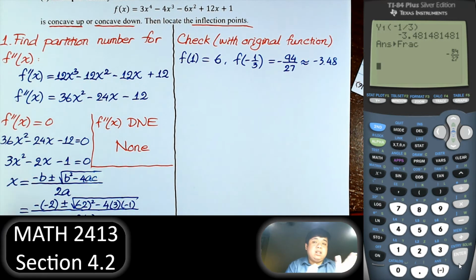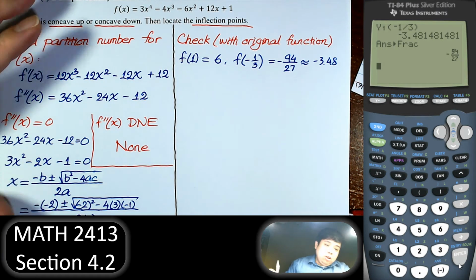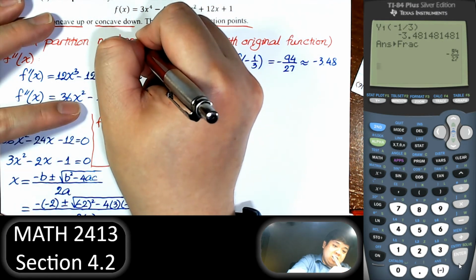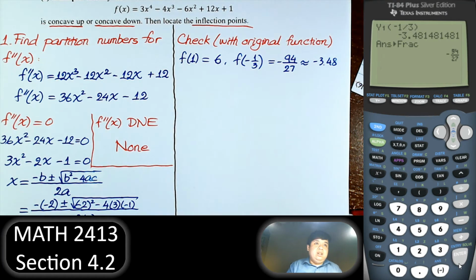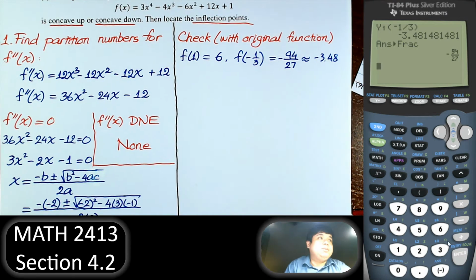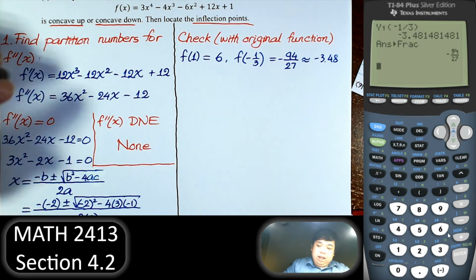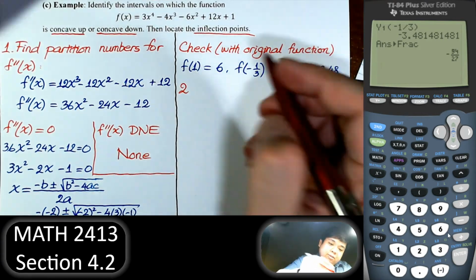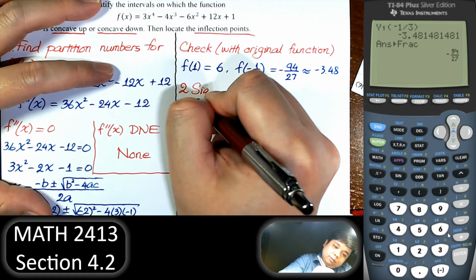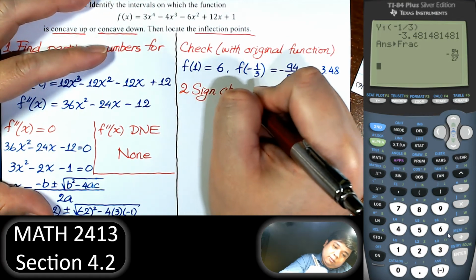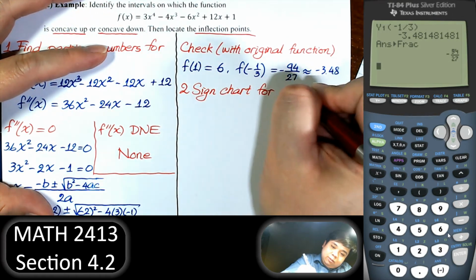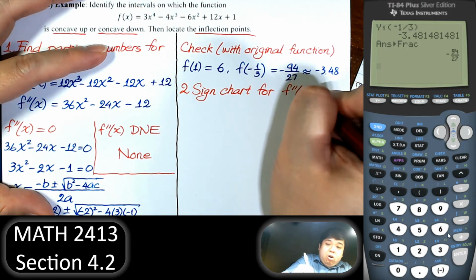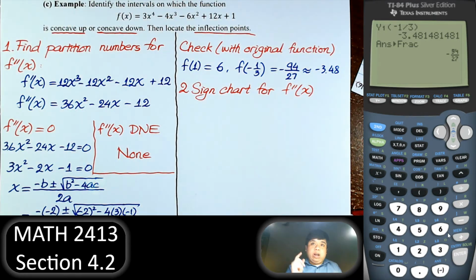We're going to put that in the number line, because that's what the partition numbers are for. It will divide the number line. So second, we'll do the sign chart for the second derivative, because this problem asks us to find concave up, concave down, and inflection point.